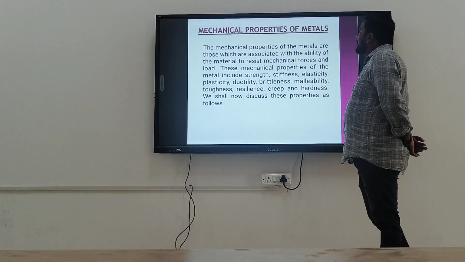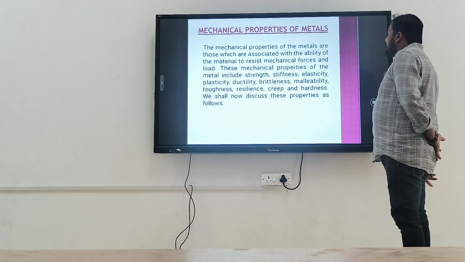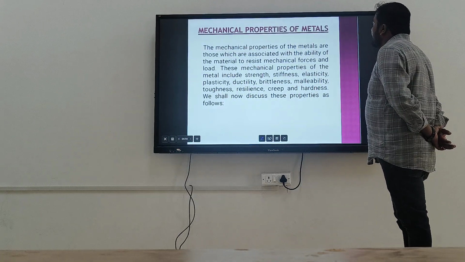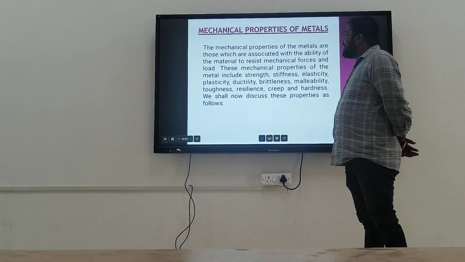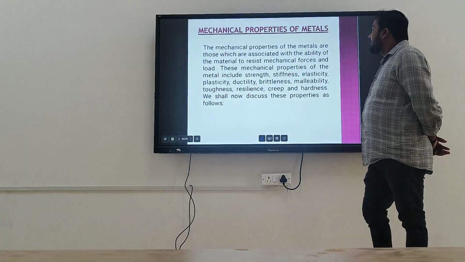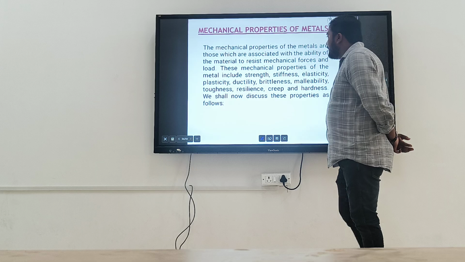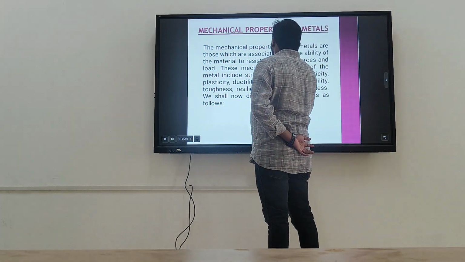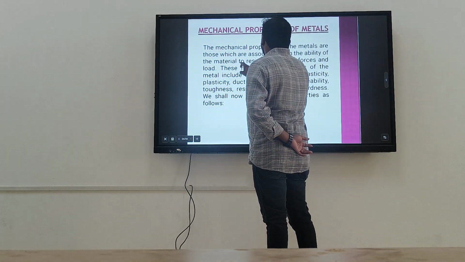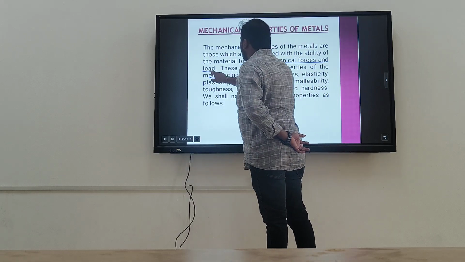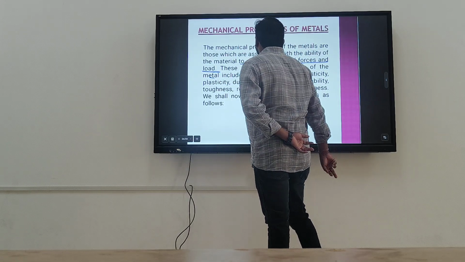Next one is the mechanical properties of the metals. What do mechanical properties say? The mechanical properties of the metals are those which are associated with the ability of the material to resist mechanical forces and load. This is the most important part.